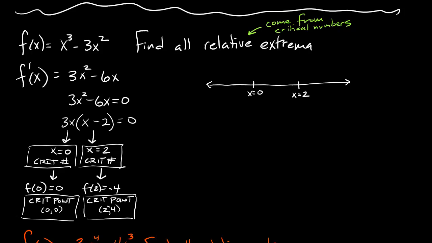Now, what I'm guaranteed is this whole section from negative infinity to 0, so that's interval notation, that whole section is either going to be increasing or decreasing.